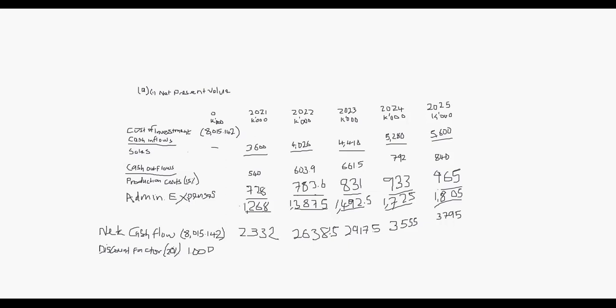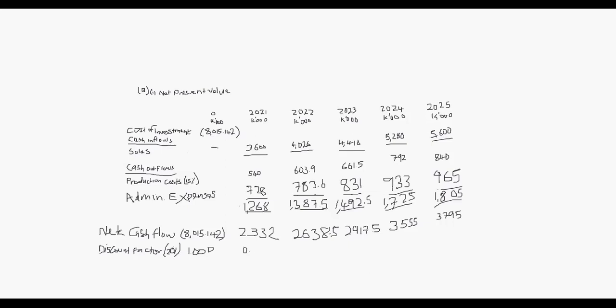So what is the discount factor in year 1, the first year, which is 2021, at 20%? I'm getting these figures from the discount table.